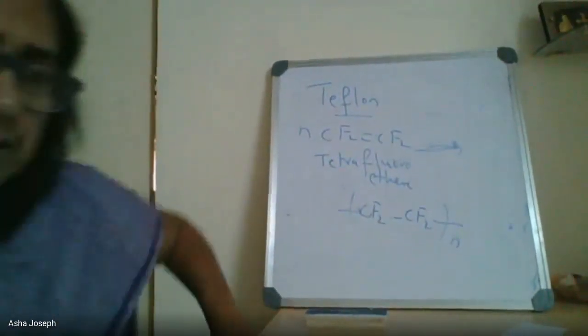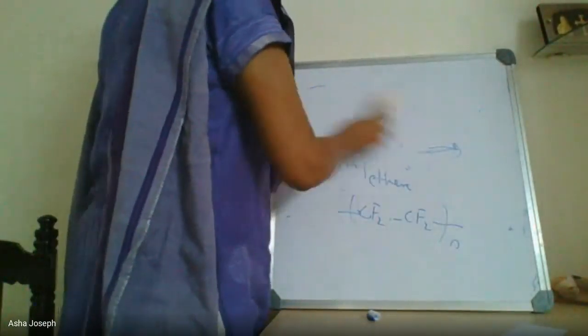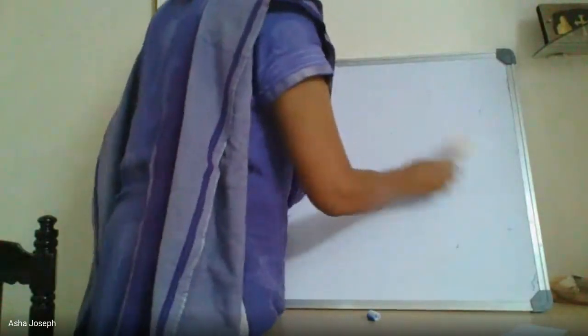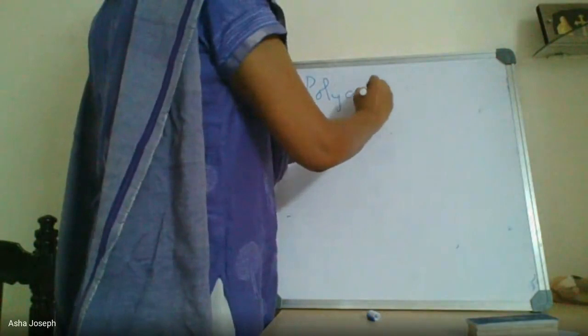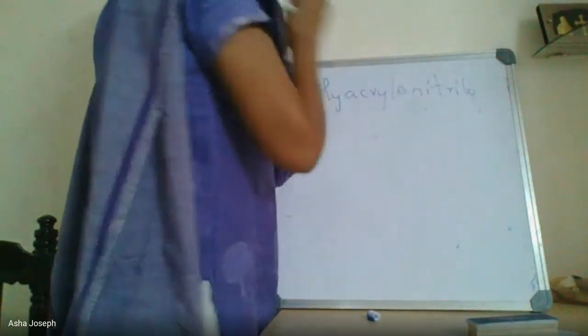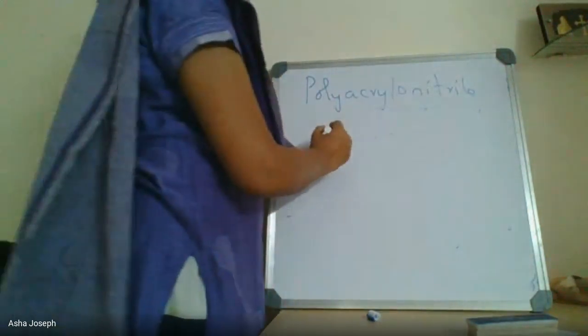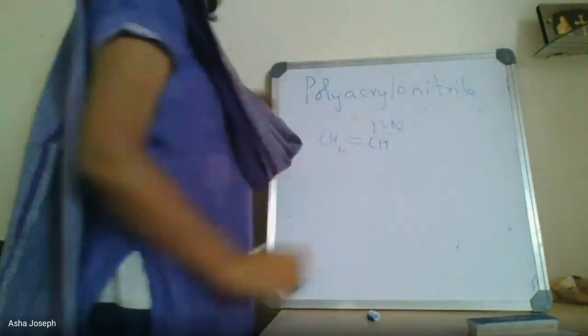And the next one is polyacrylonitrile. So again I will come to the board. Next polymer. Acrylonitrile is CH2=CHCN.